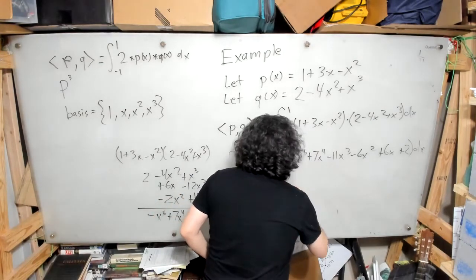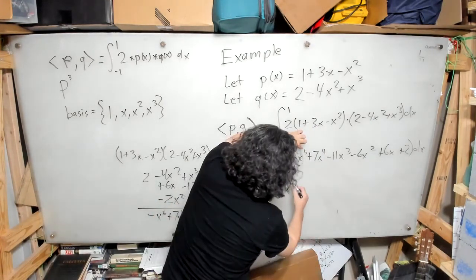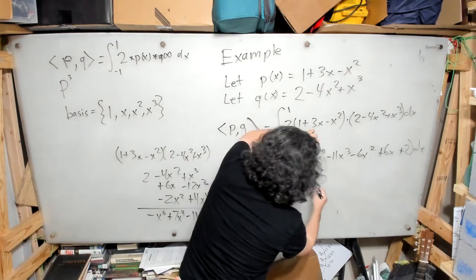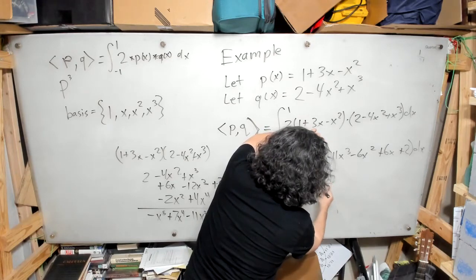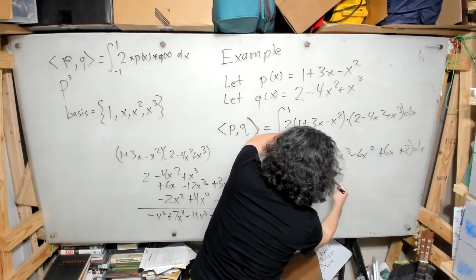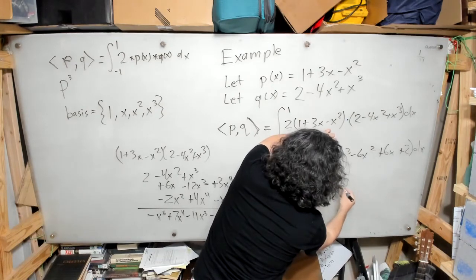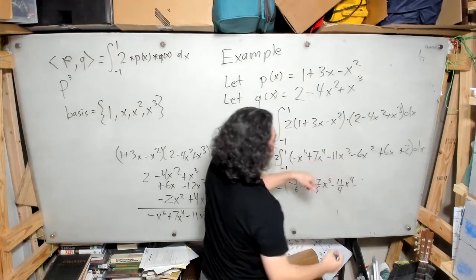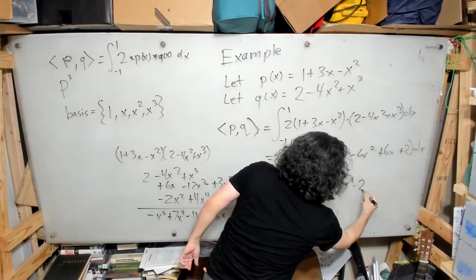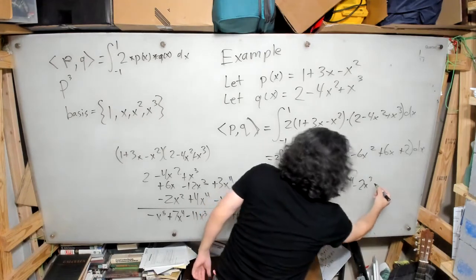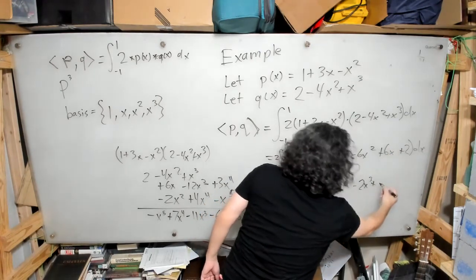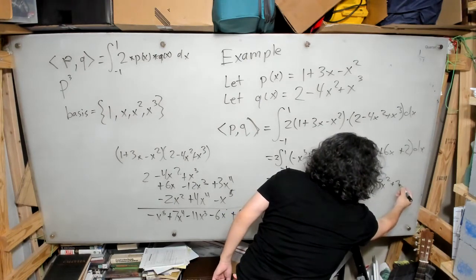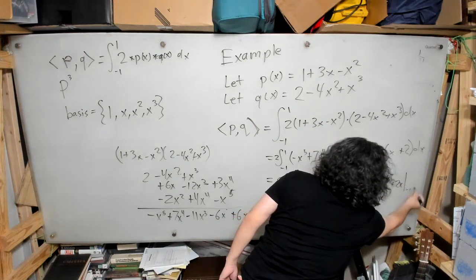So it'll be 2 times open parentheses. The integral of this is negative 1 over 6 x to the 6th power plus 7 over 5 x to the 5th power minus 11 quarters x to the 4th power minus 6 over 3, or 6 over 3 is 2, so minus 2x cubed, plus x squared over 2, 3x squared plus 2x, evaluated from negative 1 to 1.